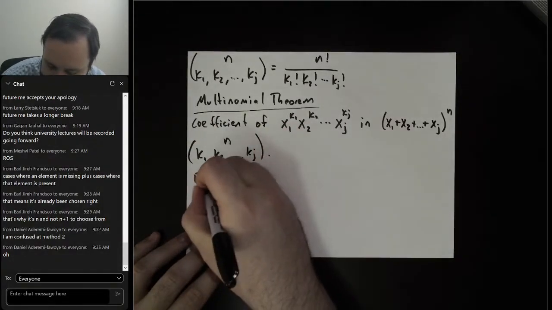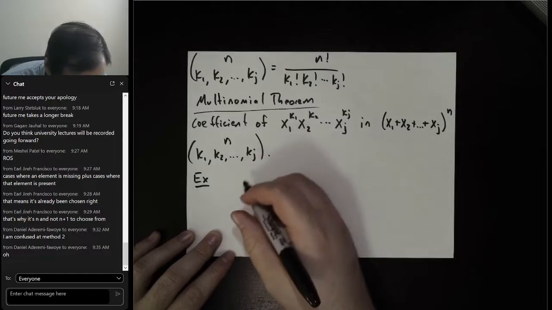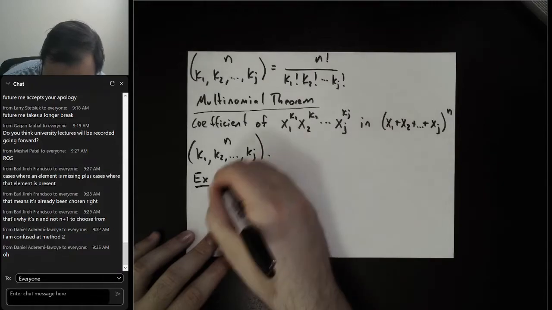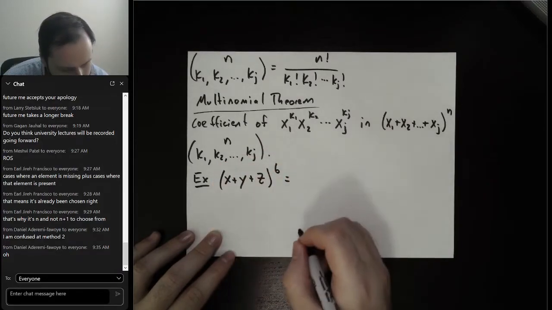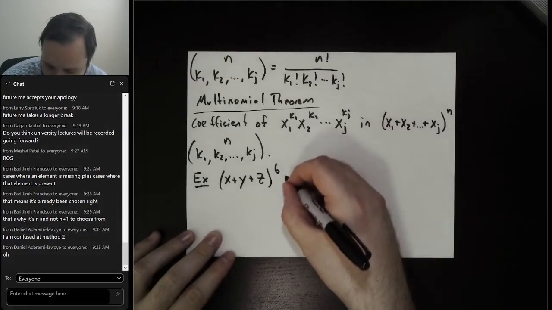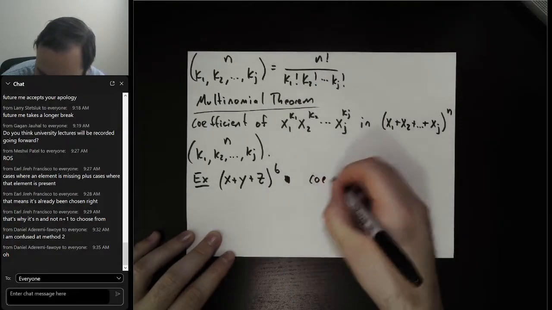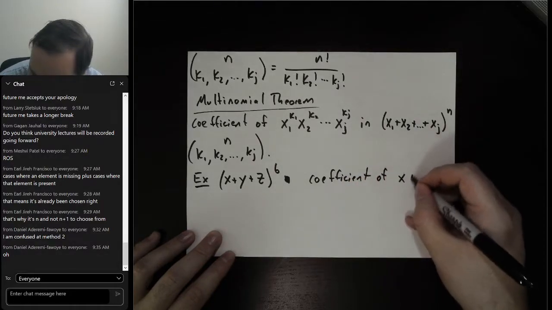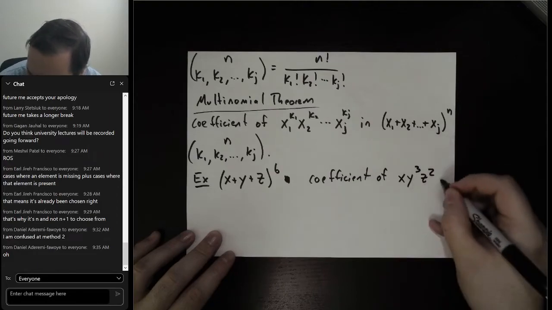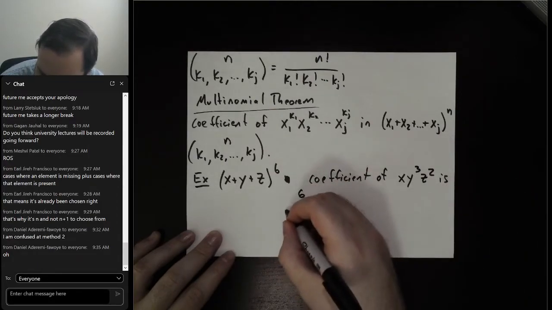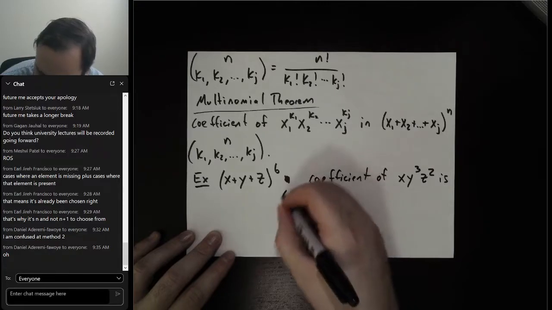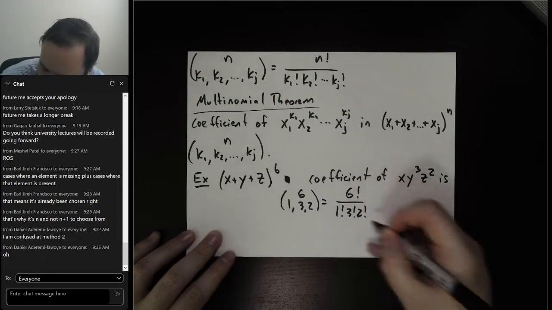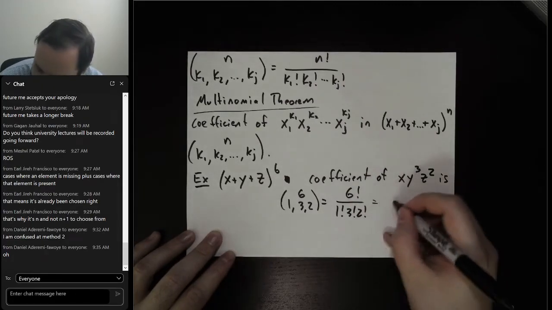So quick example, if I take x plus y plus z to the 6th power, I'm not going to write what that's equal to, but the coefficient of x y cubed z squared is 6 choose 1, 3, 2, or 6 factorial over 1 factorial, 3 factorial, 2 factorial, which comes out to be 60.